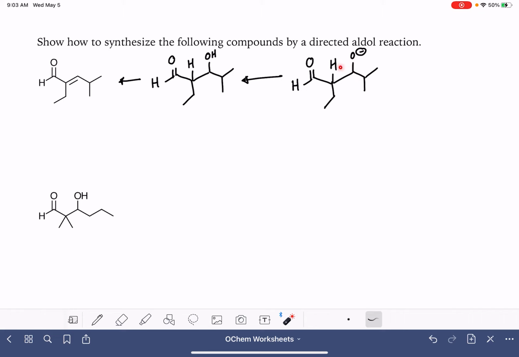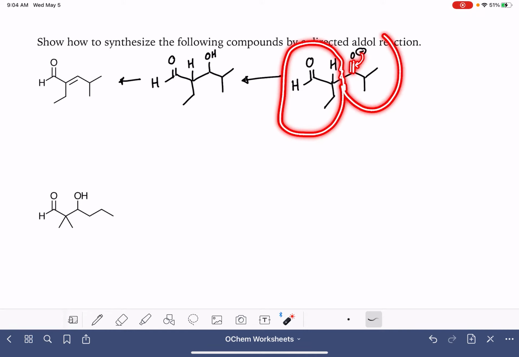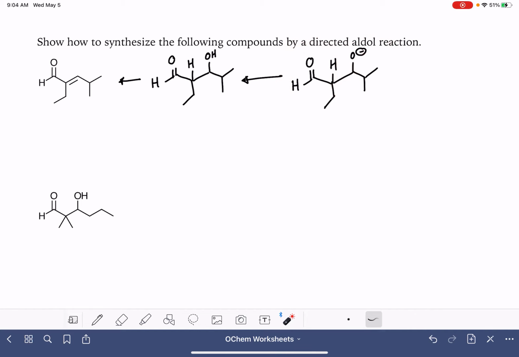We want to break the bond that is going to separate the two oxygen atoms in this molecule from each other. So if we break this bond right here, we're going to end up with this chunk, and it's got both oxygen atoms in it, and that's not what we want to do. We're trying to get to two different aldehydes. So if we break this bond, we'd end up with this piece and this piece, two pieces that have the oxygens in them.